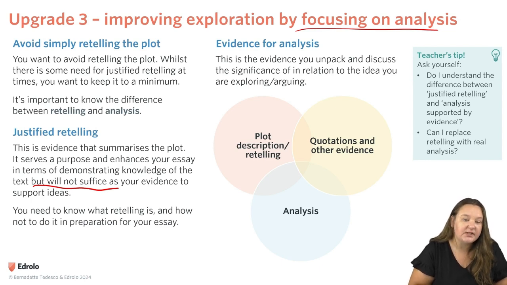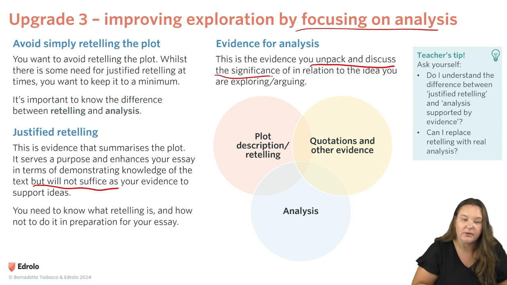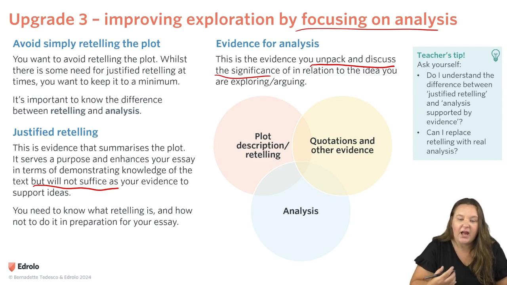Actually using evidence to analyse is when you unpack and discuss the significance of that evidence or that moment in relation to your idea. So you're not just saying that it happened in the text, but you're explaining how it was used to create meaning and why the author used that moment.